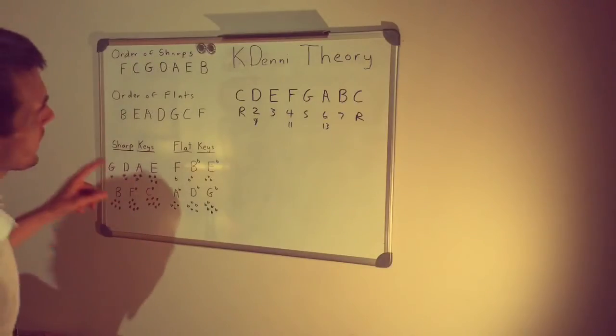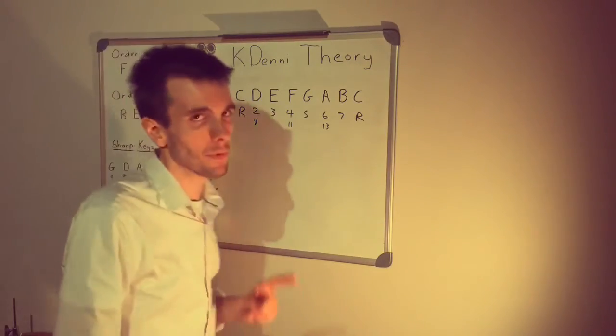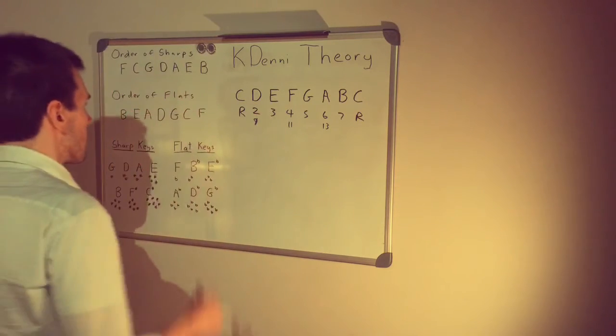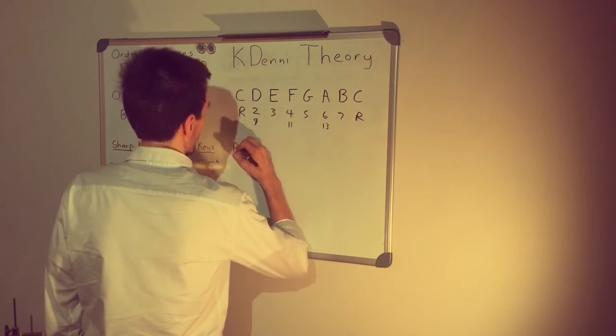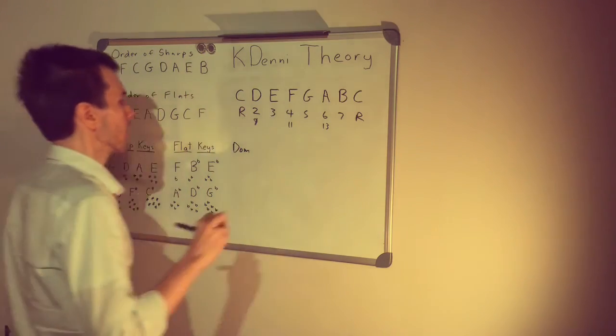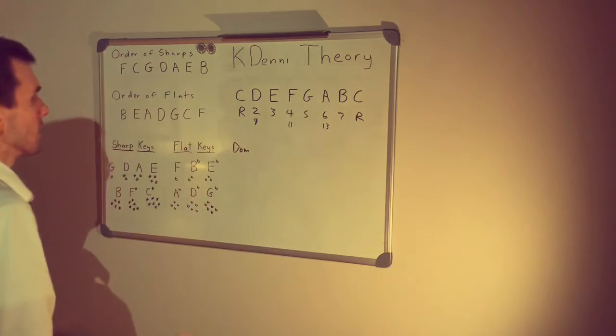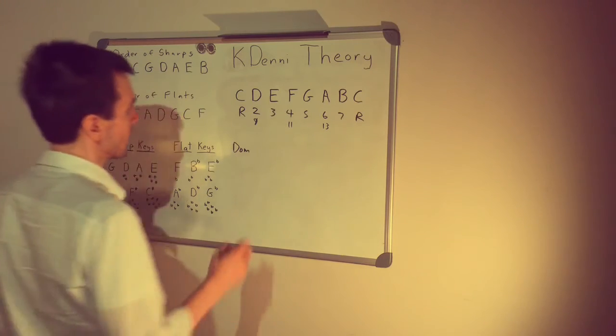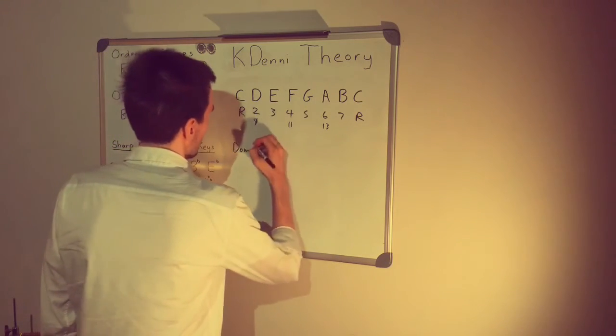Quickly, just because there are a lot of really great examples of this in music, we're going to do an example of adding. Remember we were talking about dominant chords? We are going to add a tension to a dominant chord to make it a dominant with a 9 in it.